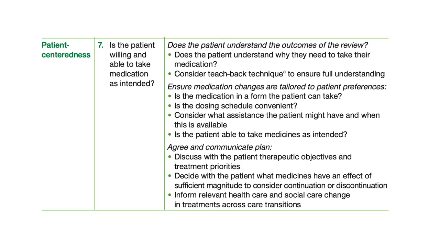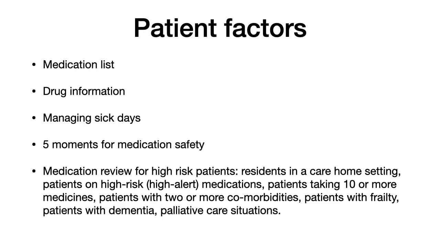And finally, patient-centeredness: is the patient willing and able to take medication as intended? This needs to be assessed and addressed. Some factors that can help to improve polypharmacy are to give the patient a medication list, what we call a medication passport, and also give them information about the medication, its indication, its use, and how to manage sick days, and they should take the 5 moments for medication safety.